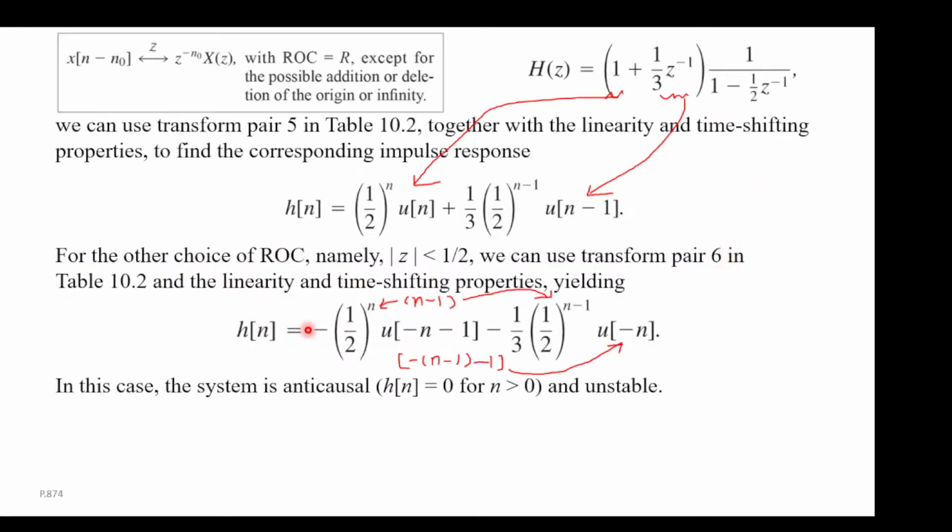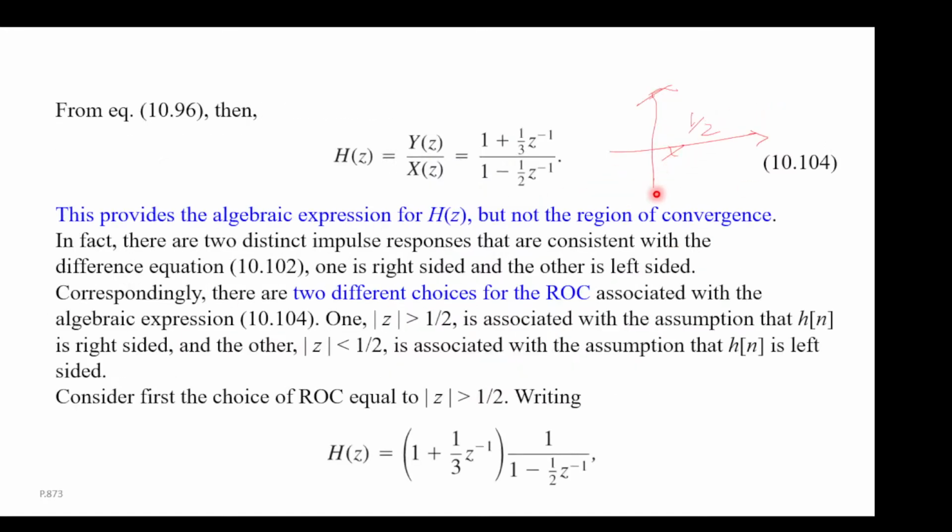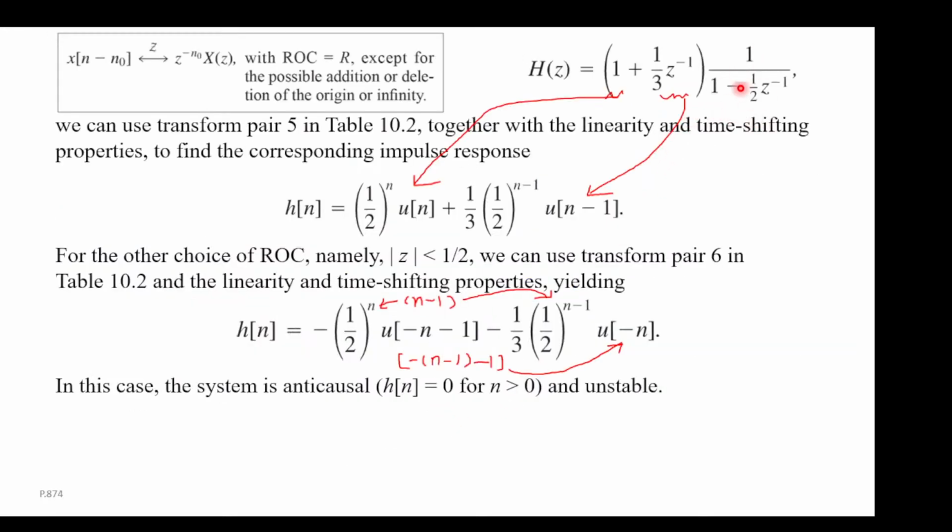If you choose the other ROC, we can also do the inverse transform. If you pick the inside ROC, then this 1/(1 - a z^-1) becomes minus a^n u[-n-1]. Similarly, the 1/3 gives you 1/3 here, and you change n to n minus 1 here, so n to n minus 1, and minus n minus 1 becomes minus n.